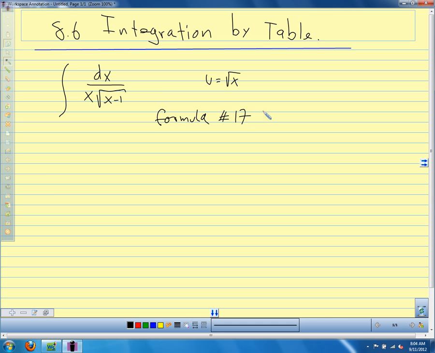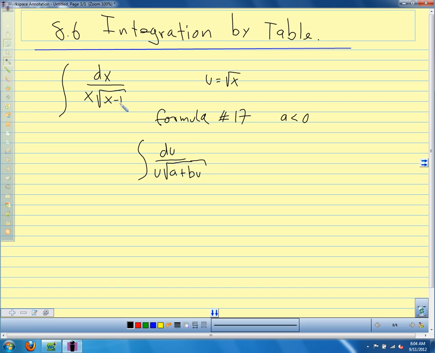It tells us that the integral of du over u times the square root of a plus bu, where a is less than 0 for formula number 17, we're picking the form where a is less than 0.